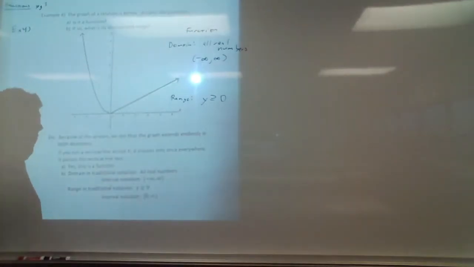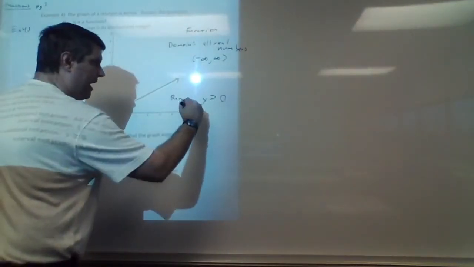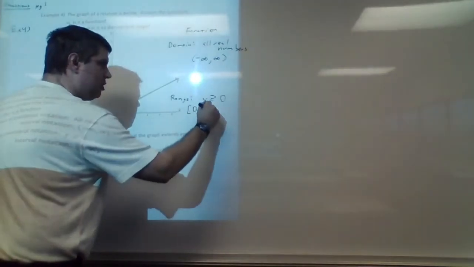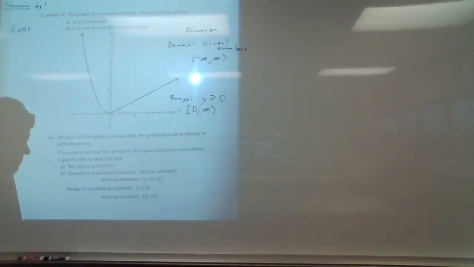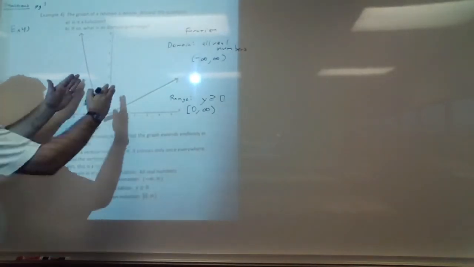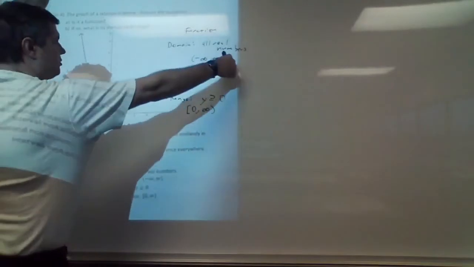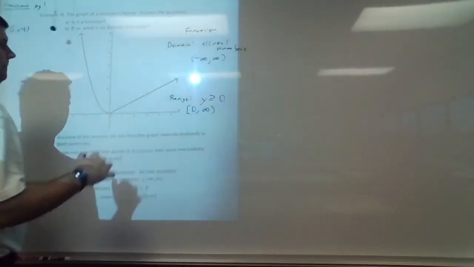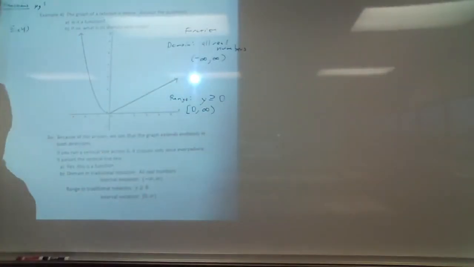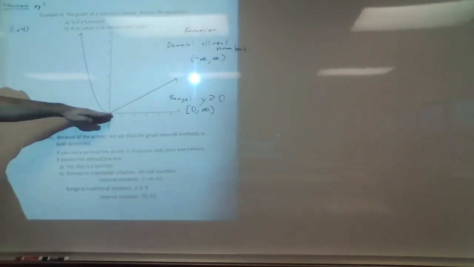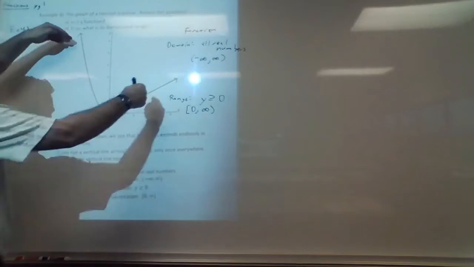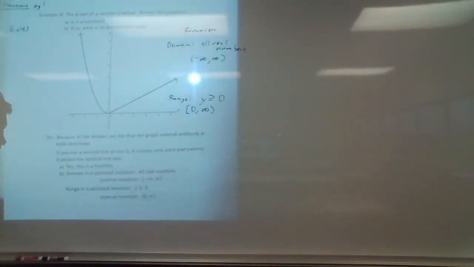In interval notation, that would be described as 0 to infinity. Because again, the domain, as far as the x's are concerned, it goes forever this way. But as far as the y coordinates go, there's a lower limit, but there's no upper limit. The y's can go up forever.